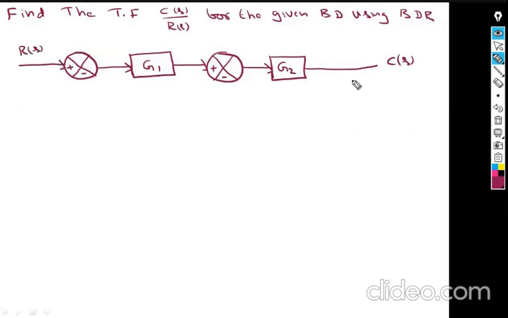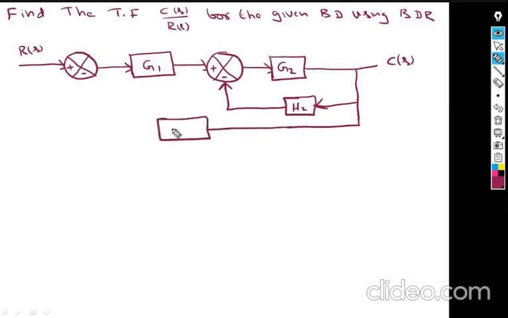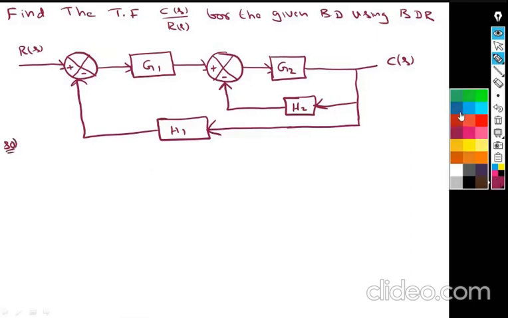Now G1, G2 are the two gains. Let this be H2. Let this be H1. So this is the given question. Arrow marks are very important, which indicate the flow of signal. So the solution here is, let me take another ink to solve this problem.